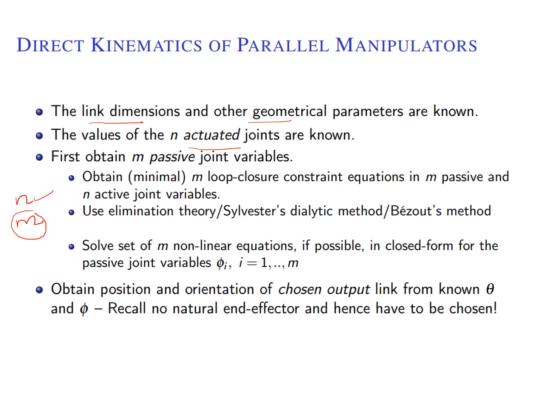Then we use the elimination theory, for example, the Sylvester dialytic method or Bezout's method, to eliminate the m-1 passive joint variables to obtain a single equation in one of the passive joint variables, and we would like to solve these m nonlinear equations in closed form for the passive joint variables.